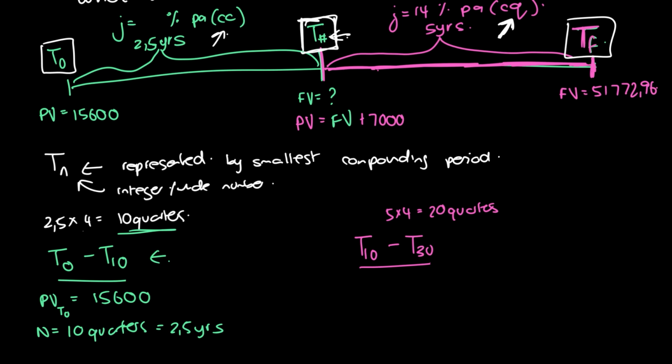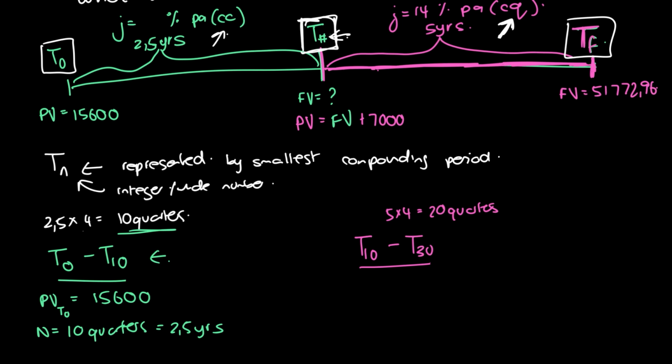So just be careful. There's a difference between what we're representing here and what we use in our calculation. So this is just like a broad timeline situation. This is for an actual calculation. Okay, so let's continue with the information that we know. We have 2.5 years. We don't have anything else.